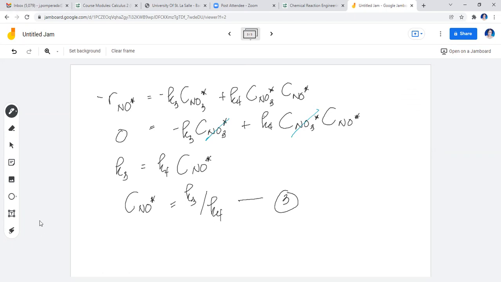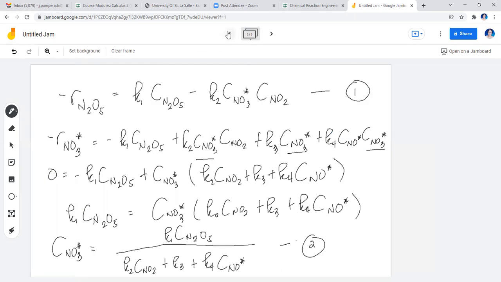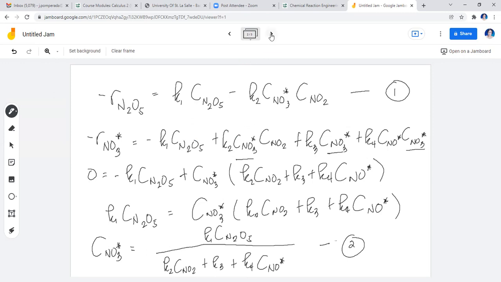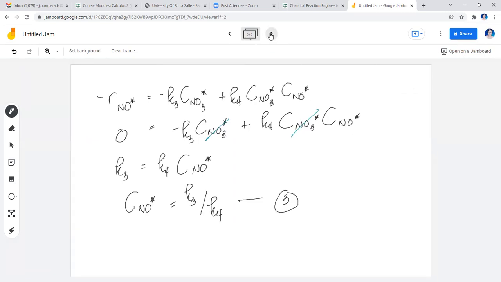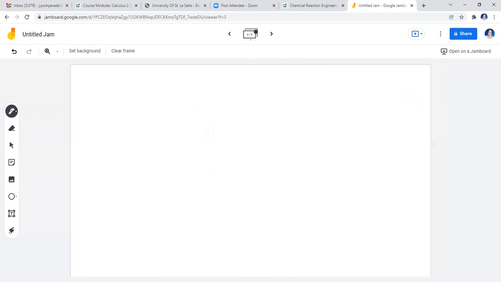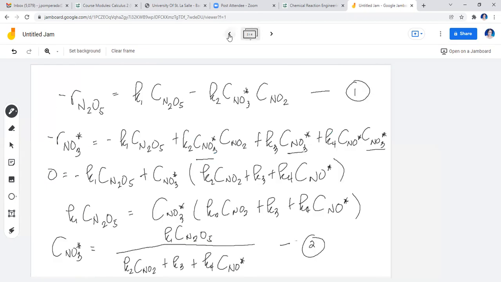Now what I'll do, I'll substitute this equation 3 in here, in equation 2. Okay, so we'll go to the next slide. So you have substitute 3 to equation 2. So our equation 2 gives us the concentration of NO3 asterisk. And let's see what we have in the numerator.